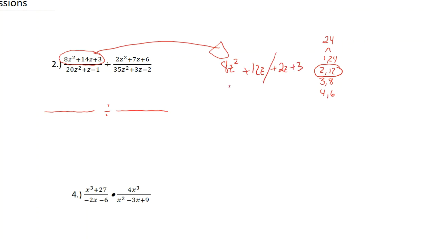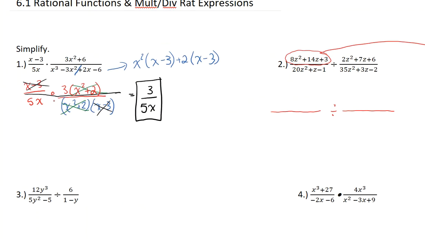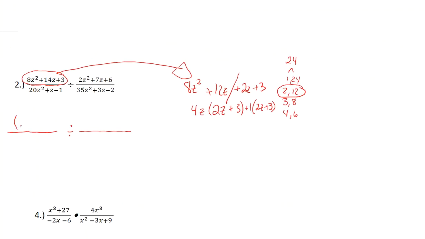I'll split it. I'll take out a 4z right here, and I'll get a 2z plus 3. I'll take out a 1 and am left with 2z plus 3. And then I'll regroup and put it over in my numerator: 4z plus 1 and 2z plus 3.